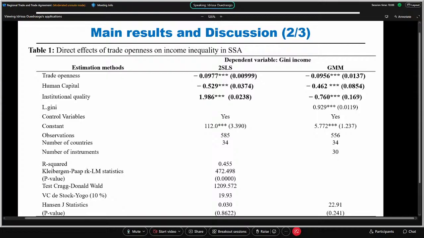It also improves human capital development and fosters GDP per capita. So, meaning that those variables are transmission channels through which trade openness operates to reduce income inequality in sub-Saharan African countries.